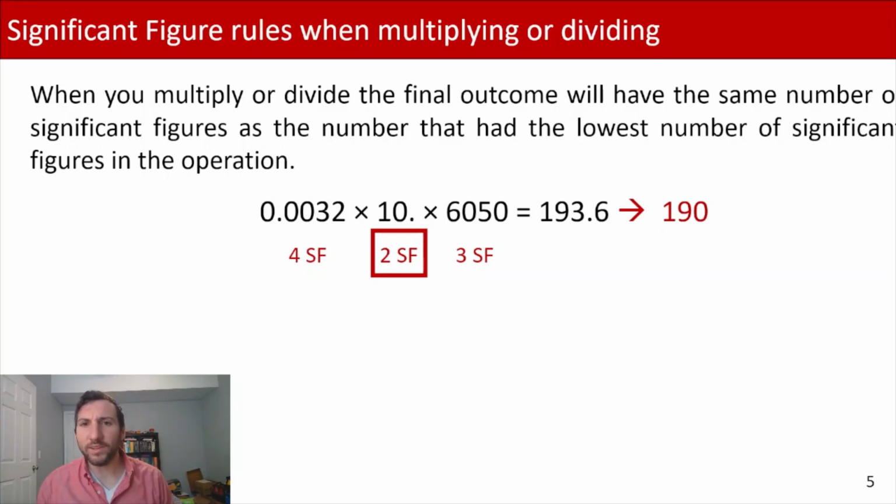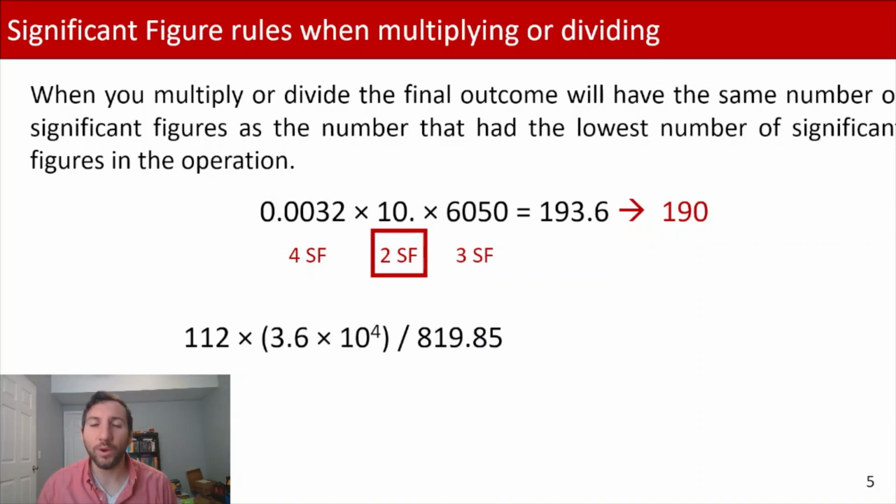And similarly, let's do another example where we have, let's say, 112 multiplied by 3.6 times 10 to the 4th divided by 819.85. If you do the math out without taking into consideration significant figures, you get a pretty long number, 4,917.9728.